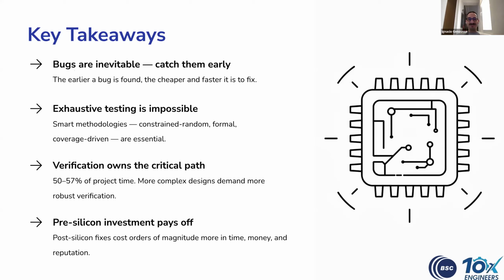I think some of the critical takeaways here are regarding the cost curve. If you catch a bug early in the design cycle, it might cost pennies. But if you catch the same bug later, it could cost millions.